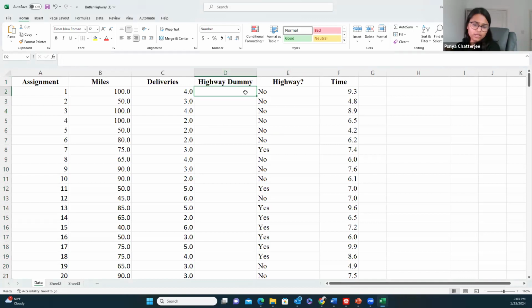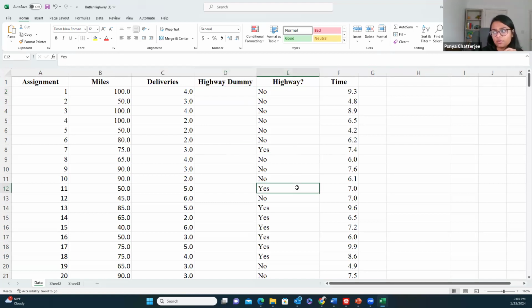So how do we create these dummies? The way we are going to create dummies, and this is true for all dummies, is that we're going to code in a numerical value, and it's going to be a binary value. What does binary mean? It's going to be either 1 or 0. Now, when it's 1 and when it's 0 depends on the data. So if my highway variable is no, then give me 0.